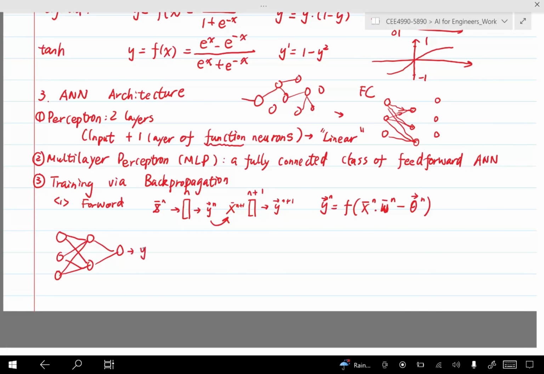At the end, we will get one prediction. Here we use this tilde to mean that this is the prediction. And we know the true label is y or y bar. Let's here use y. Then the loss function, we want to see how good or how bad this prediction is. Typical loss function is something like this.